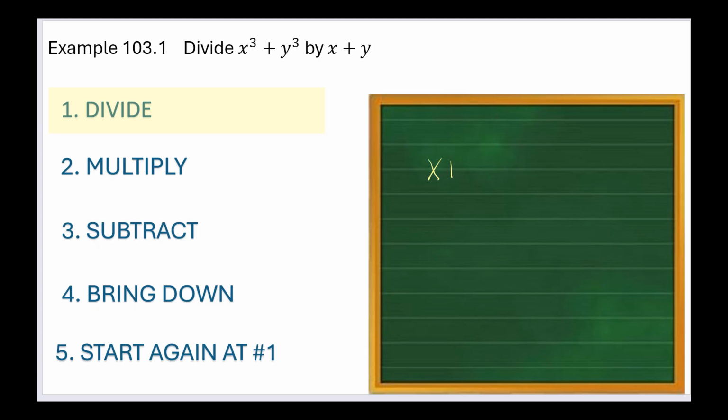So the x plus y goes on the outside, and the x cubed I'm going to put here, but I'm going to put the y cubed way over there because I don't know what all is going to happen in the middle of this. There could be all kinds of things that I can't add and subtract. I'm going to need to leave space so that I can align things up in an organized way.